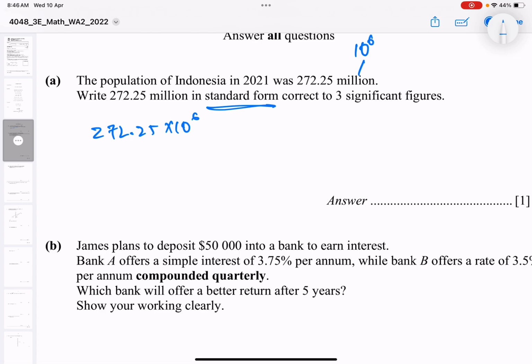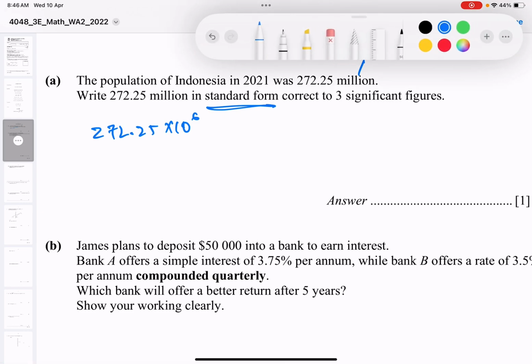Standard form, just remember, it is the first number is greater than 1 but less than 10. Okay, so means I need to shift this thing, how many? 1, 2. I need to shift it 2 times, so 2.7225. Now, in general, if you reduce this number, then this power would have to increase. So you move it by 2 steps.